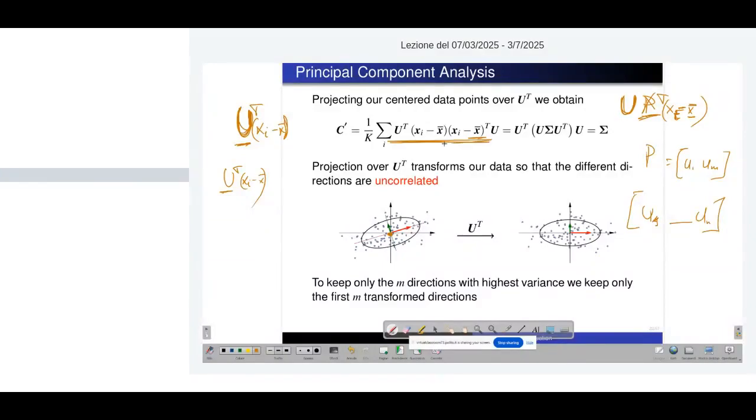We said that multiplying by a full rank orthogonal matrix corresponds to a rotation. Which kind of rotation? Let's look at what happens to the covariance matrix of the transformed samples. Remember, my data is centered, so my new points are these.